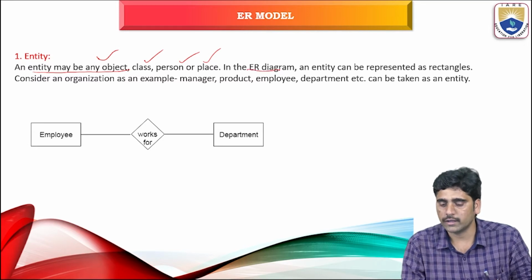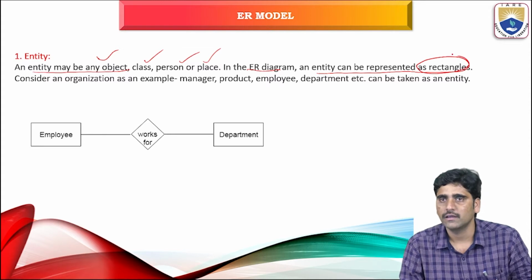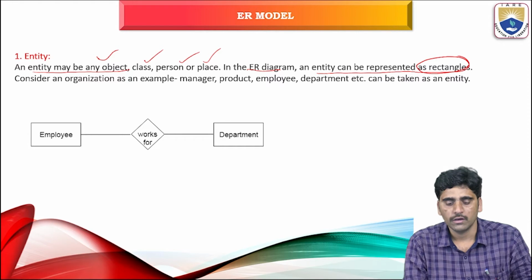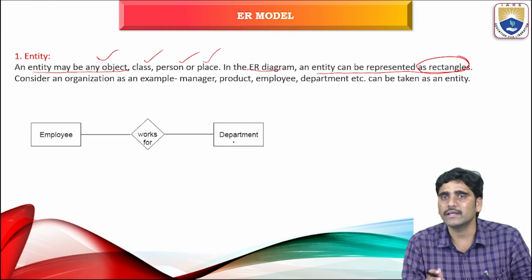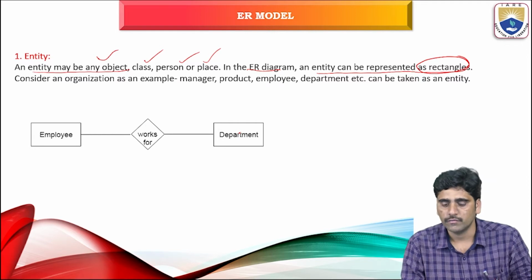In the ER diagram, an entity is represented as a rectangle. Wherever we can see the rectangled text, that is called an entity.